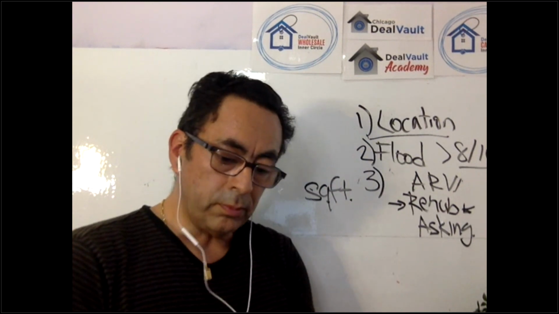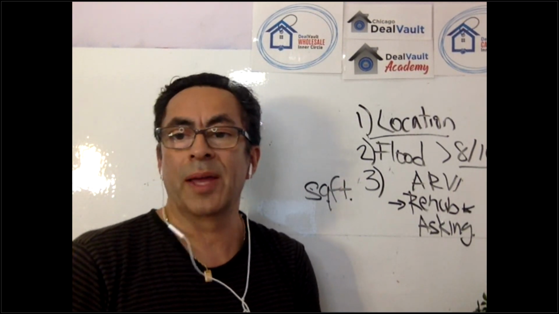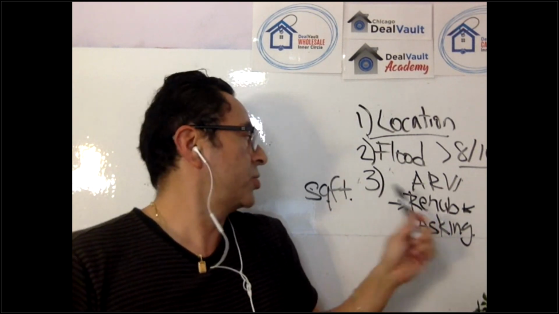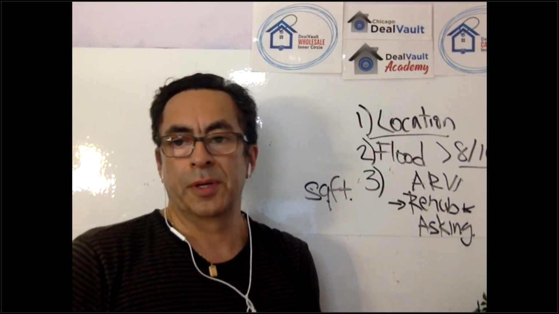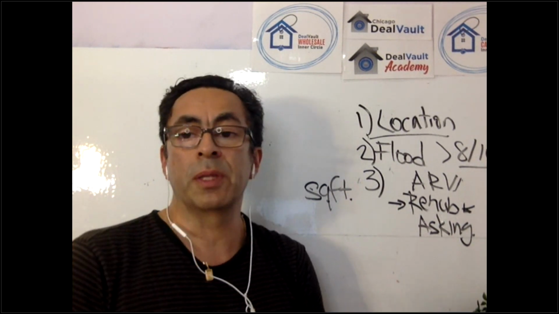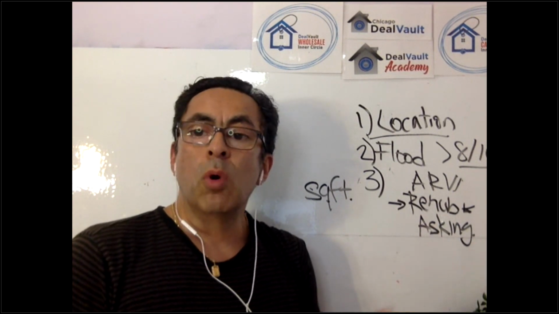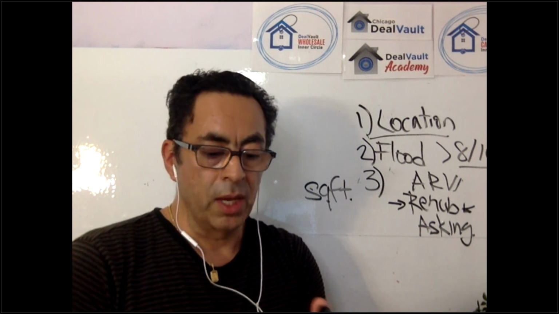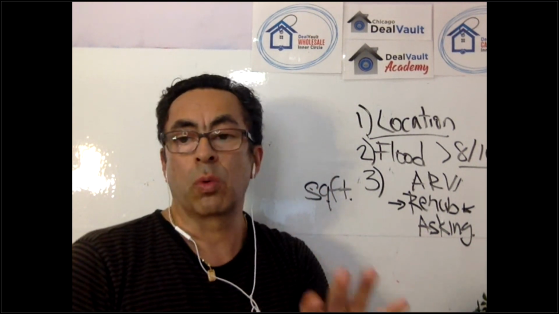Now, how do you come up with the rehab or the scope of work within seconds? Once you know the square footage, let's assume a 3 bedroom, 2 bath with 1,500 square feet, and that has a basement. You're going to take the square footage and multiply that by $30 per square foot.